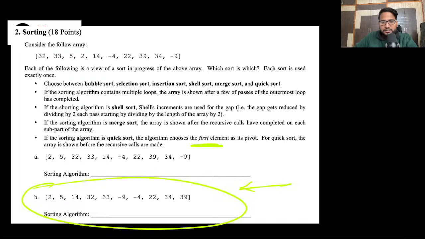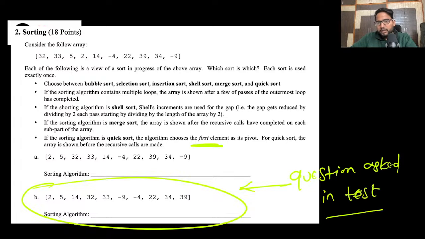This is a question asked in a test, in AIMT. So they are saying that if we choose the first element as a pivot, but you can also choose the last element as a pivot, right? Now, if you choose, let's suppose, the last element as a pivot, then maybe this rearrangement doesn't really matter.